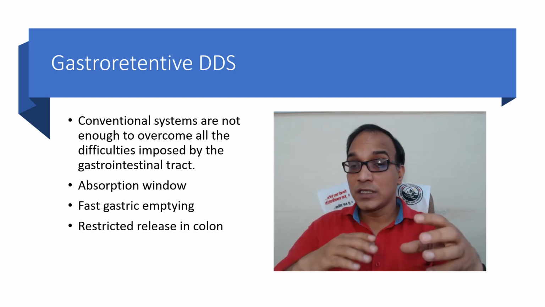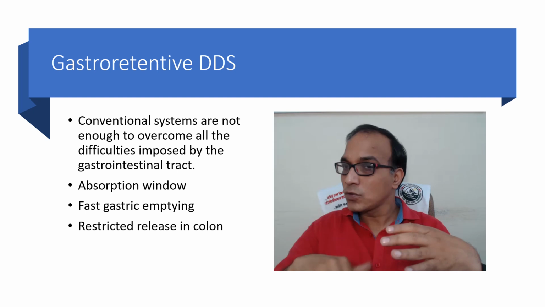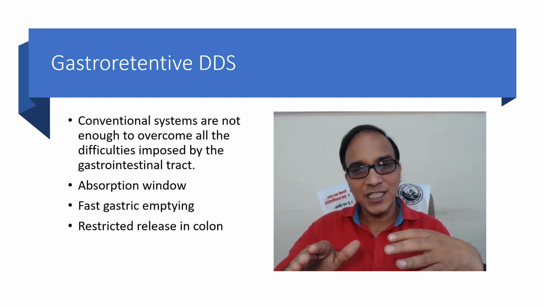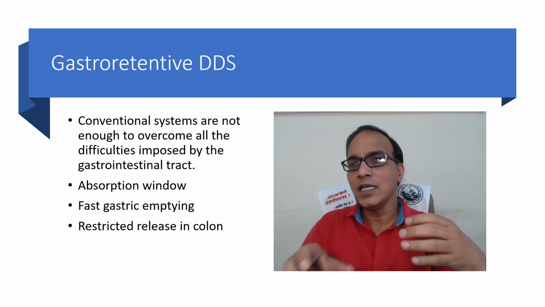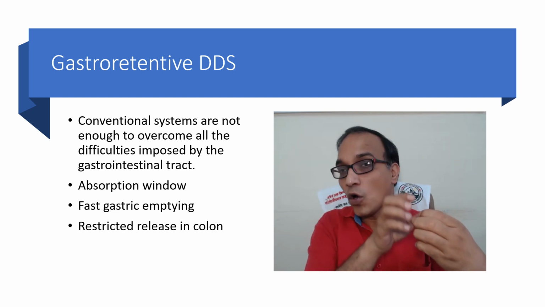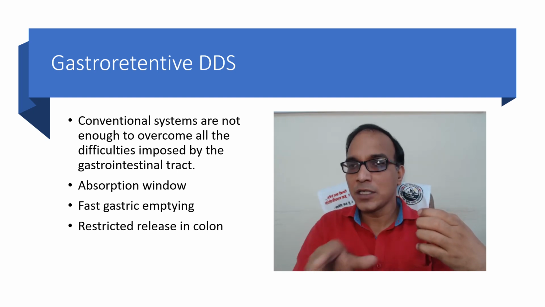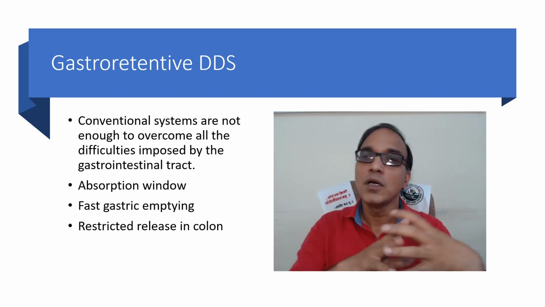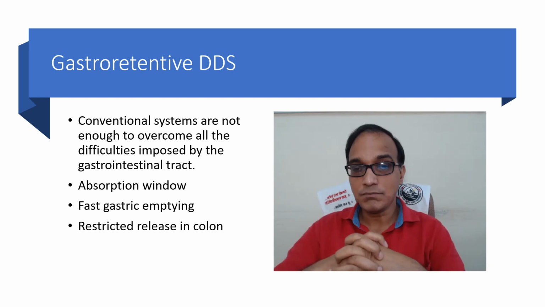If the gastric emptying rate is fast, the drug will very readily pass through the gastric region and move to the intestine. It will release the drug there, but the drug absorption is bound to be only in the gastric region. So the drug release will be there, but the drug won't be absorbed. So the therapy is a failure in that case.